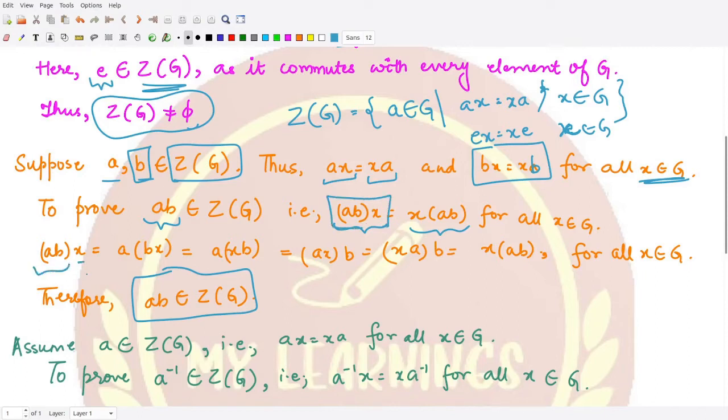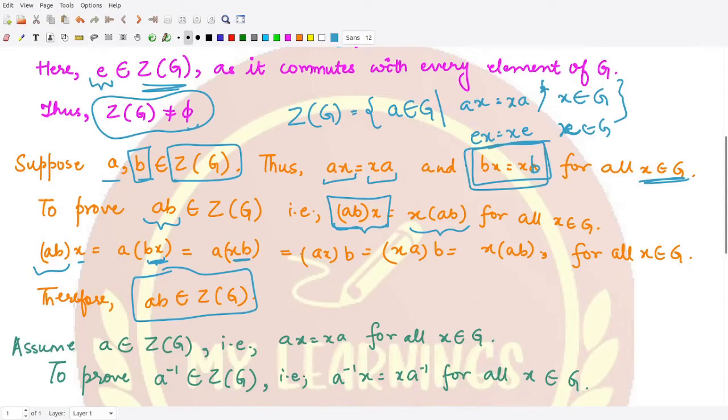Because all these members are present in the group, we have the property of associativity. So we shift this bracket onto BX. Now BX is equal to XB according to this property, so it is equal to A(XB).